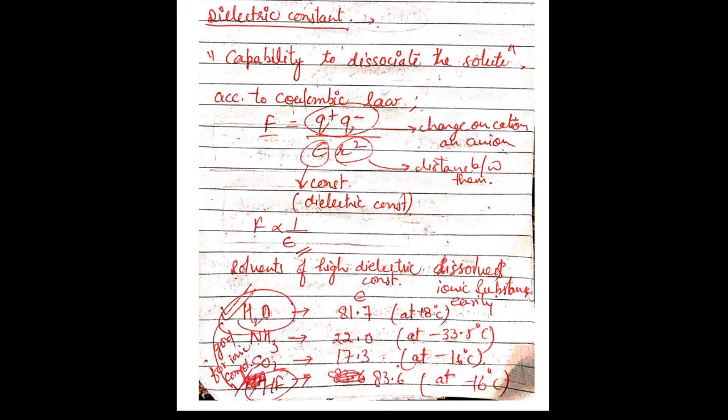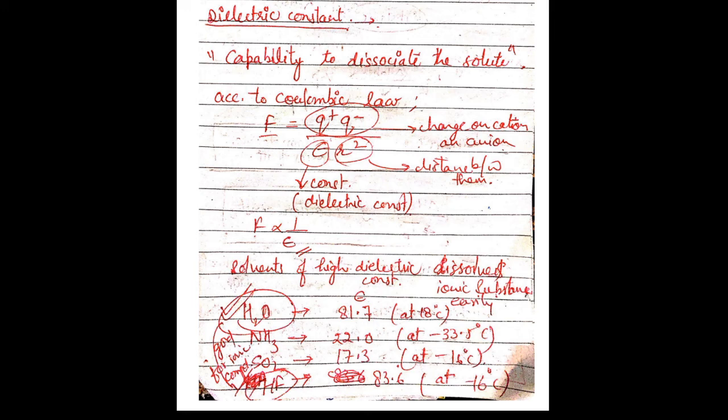So solvents like HF, hydrogen fluoride, and water are good solvents for ionic and polar compounds because of their high dielectric constant values. The dielectric constant value of water is 81.7, and that of HF is 83.6, so it is quite on the higher side. On the other hand, solvents like ammonia and sulfur dioxide have small values of dielectric constant.